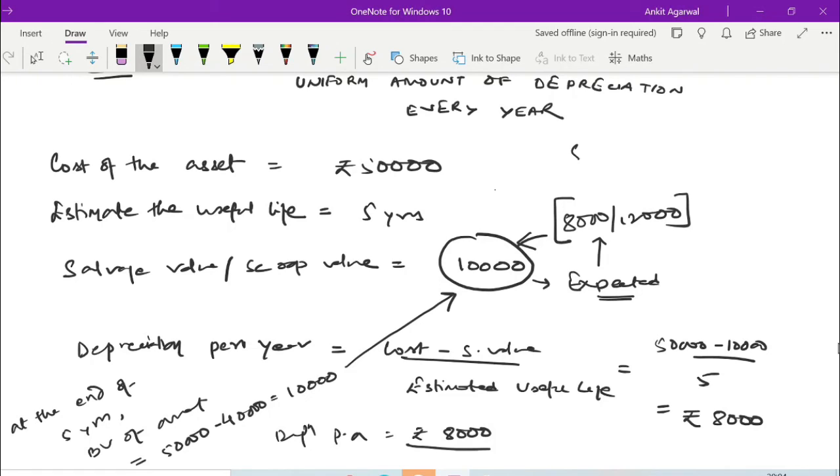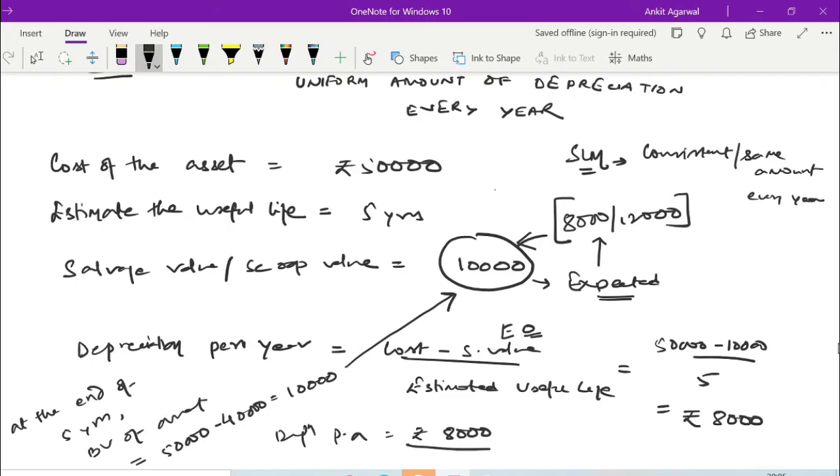So this is what SLM is: a uniform, consistent amount of depreciation every year. Every year, the same amount will be charged to the profit and loss account, right? Now, obviously, if there is no salvage value or scrap value, then this amount will become zero.